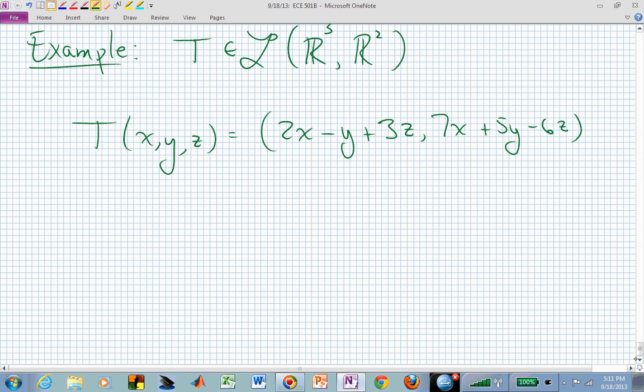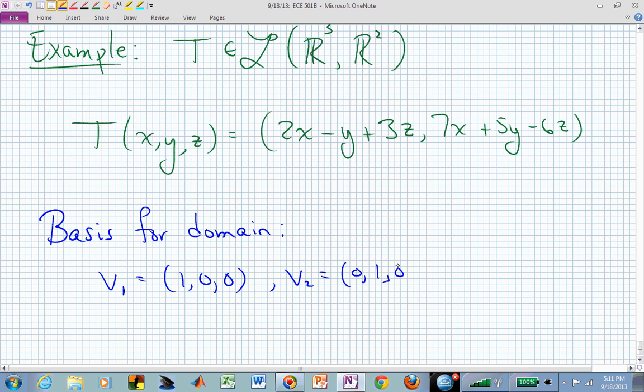And to be clear, let's just pick the standard basis. Let's say that a basis for the domain is our standard basis, V1, V2, and V sub 3. Okay?